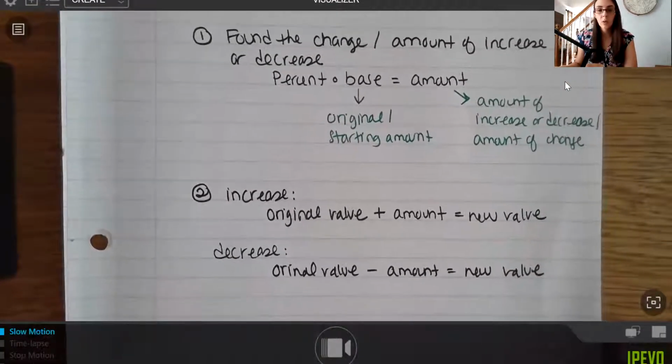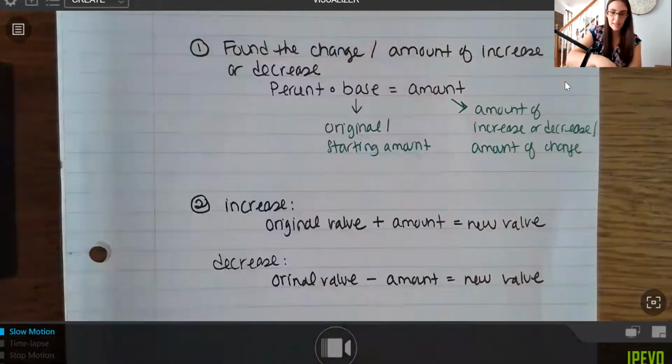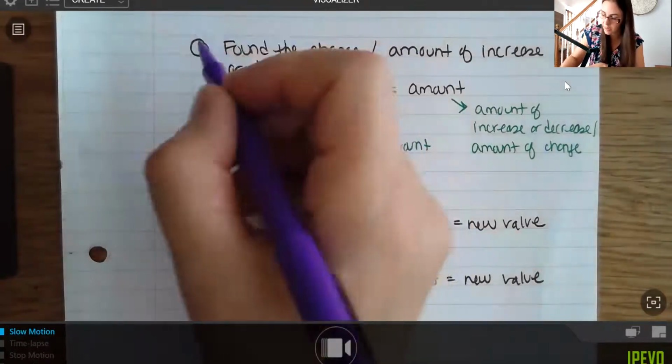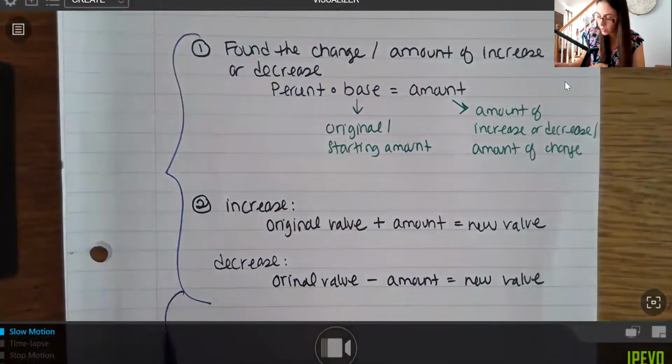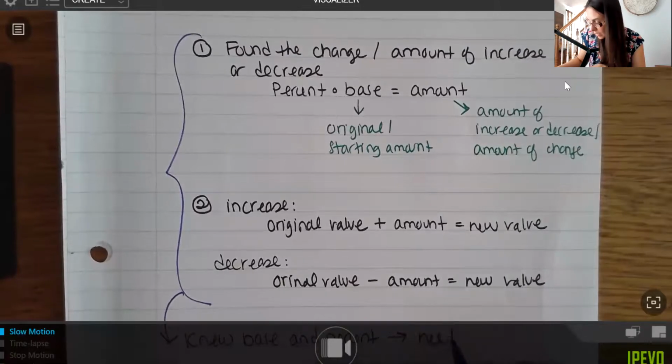Okay. So we sort of had a two-step process here, and I do want to clarify that for this example, in this style, what we were trying to do is we knew the base and percent, and we needed to find the amount.